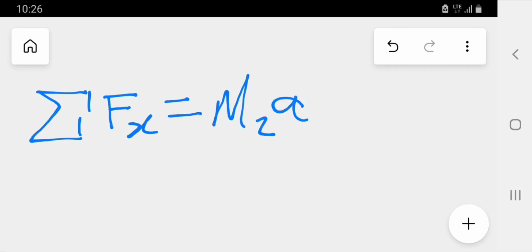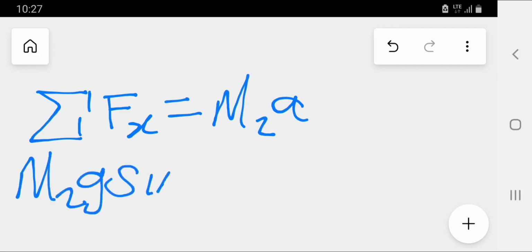So we are going to identify now the path on how this was moving. Which side was pulling this box? The side which was pulling it was the force of gravity. As this box was moving, it was being pulled by the force of gravity, which here is mass 2 times g sine theta.